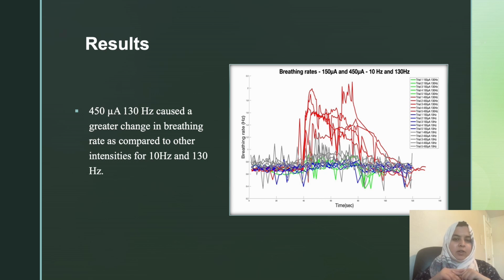However, if you look at the red peaks, that shows that the highest intensity and frequency may cause a change in breathing, especially during stimulation, and this is basically two times the breathing rate of all the rest of the trials.